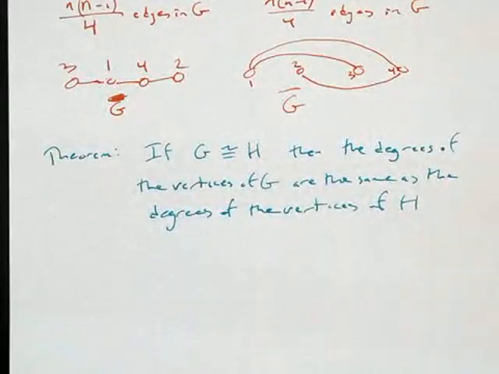We should be able to prove it. Again, this is a fairly short proof. How do I prove that the vertices in G have the same degrees as the vertices in H?